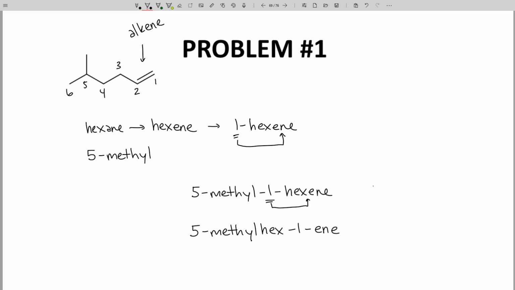I tend to use the top style, but it doesn't matter what I use. You want to follow the style that your instructor uses. It's really easy to switch between styles, but you need to be aware when you're absorbing different styles. So you can either put the 1 in front of the name or insert the 1 into the hexene name. So that's problem number 1.